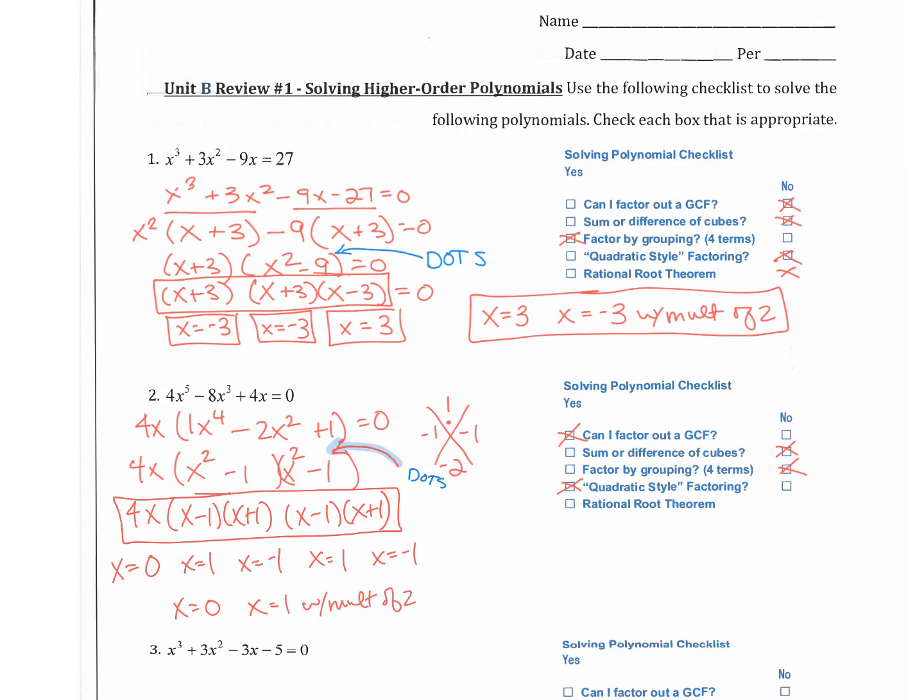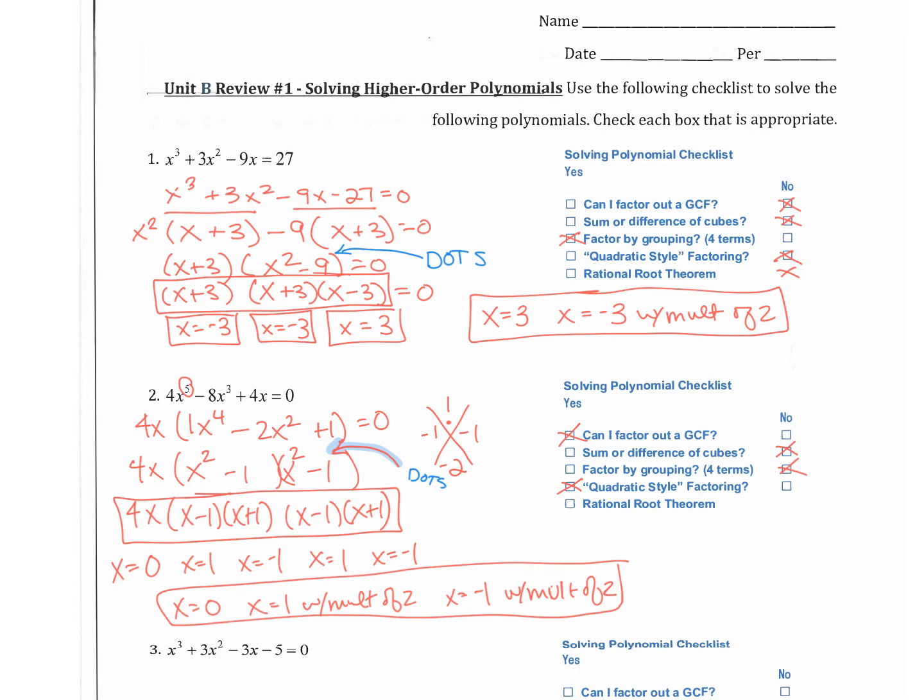This graph will bounce at this point. And x equals negative 1, also with a multiplicity of 2. So this problem has 5 answers. My problem has 5 answers, and it was a 5th degree polynomial. So I feel pretty good about getting the 5 different solutions for it.